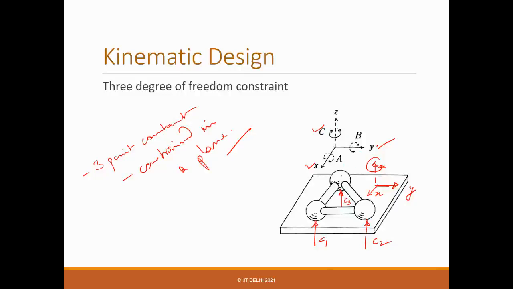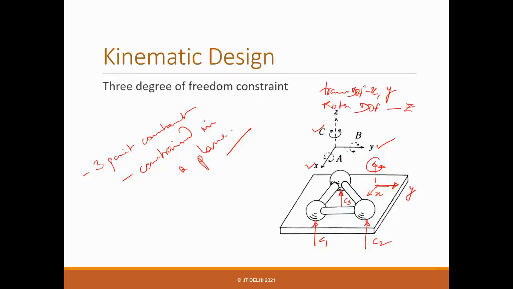So again, now you can check the other 3 degrees of freedom and whether they are possible. So these are the DOF: we are talking about X, Y, the translational DOF, and the rotational DOF is along Z, which is perpendicular to the XY plane, right?